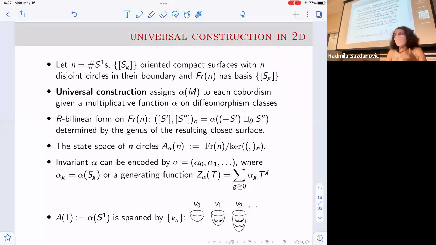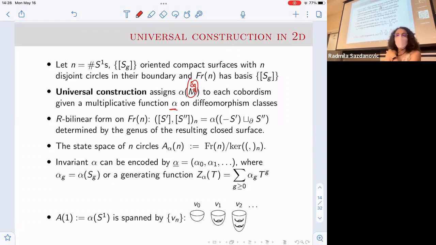And then again, what does universal construction do? It assigns some alpha of M to each cobordism. And this alpha of M, you can kind of say alpha of g, right? Sorry that I did not change the notation. And again, this alpha is multiplicative on the diffeomorphism classes of cobordisms.